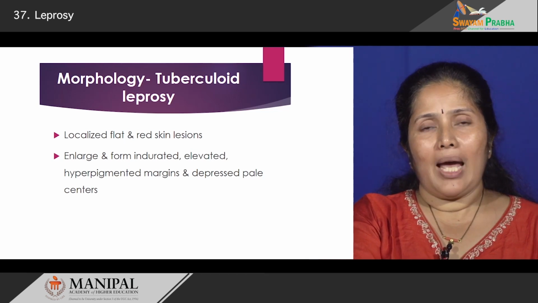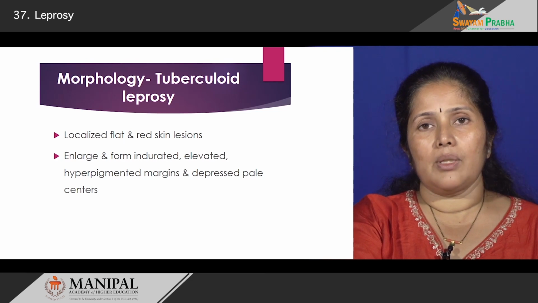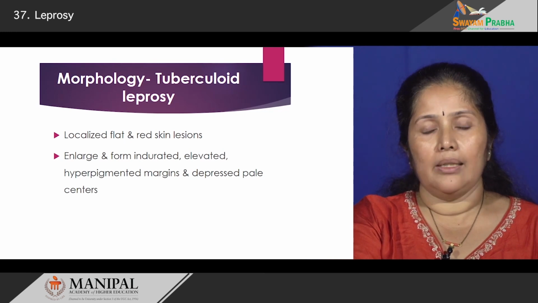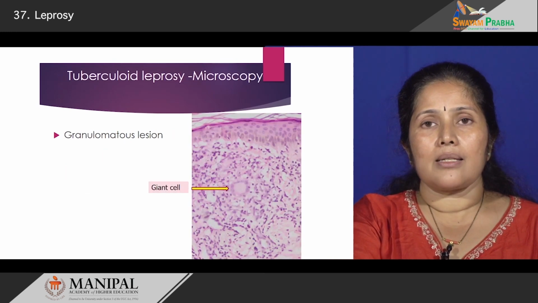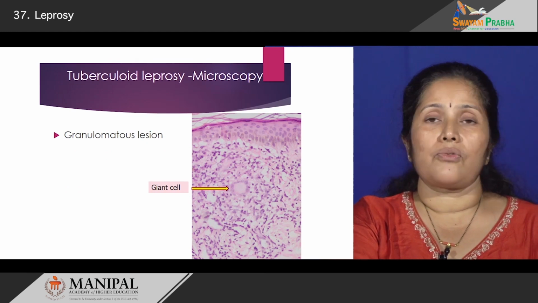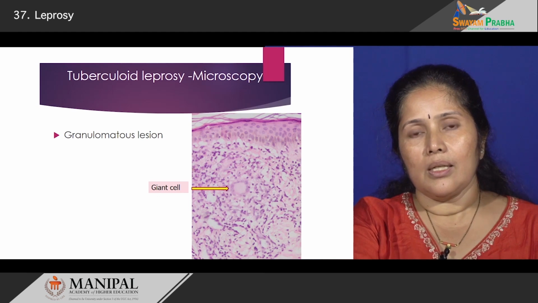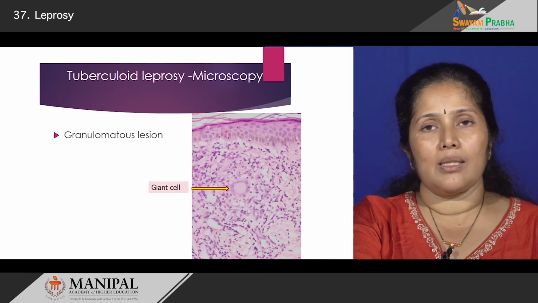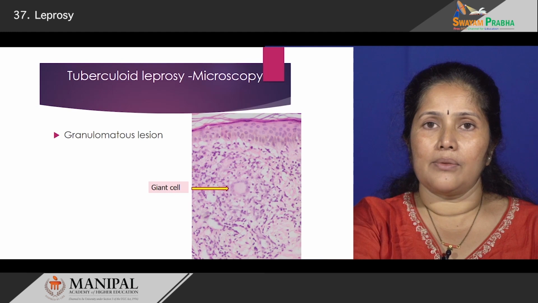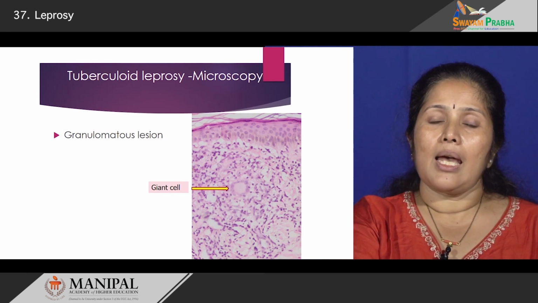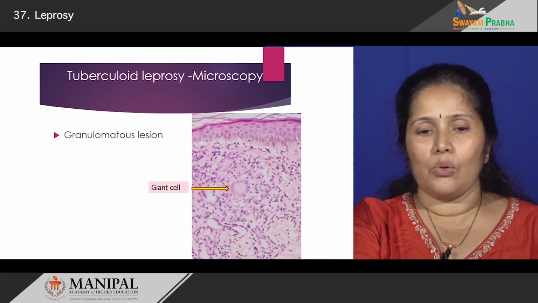Now, as we discussed earlier, at the tuberculoid end of the spectrum, the patient has good cell-mediated immunity. There is an attempt to heal, and there is a granulomatous response from the body, and that is what you will see histologically. Unlike lepromatous leprosy, where there was hardly any cell-mediated response, here there is a good cell-mediated response and there is formation of granulomas.